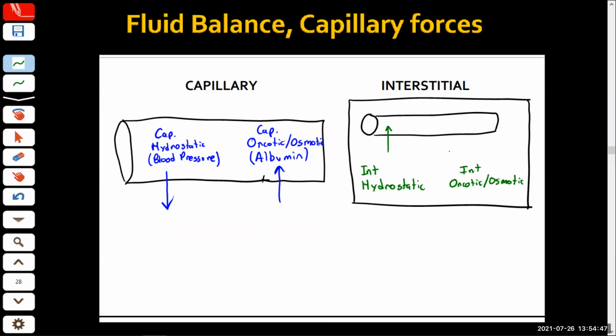That means I got my proteins out here, and I got some salt out here. Where does that want to move water? Out of the capillary. These are the 4 pressures that you are going to become very, very familiar with. We're going to combine them all together in one diagram.